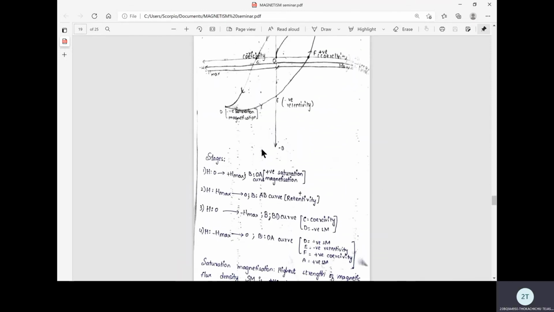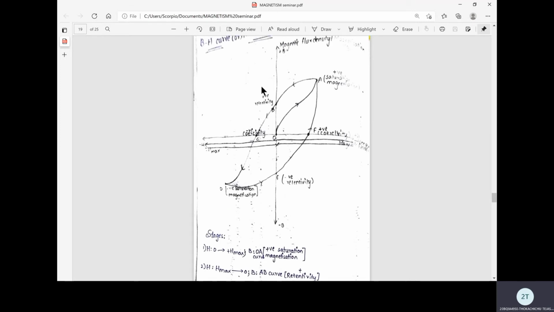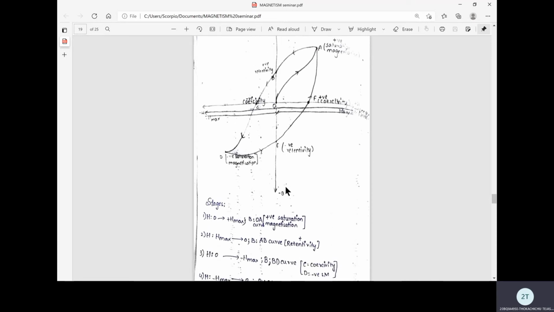So, as we can clearly see, at this point B, there is no external magnetic field. That is, H is clearly 0, even though it is having some magnetism in it. So, this point is positive retentivity, while this point E, which we'll later discuss, is negative retentivity.